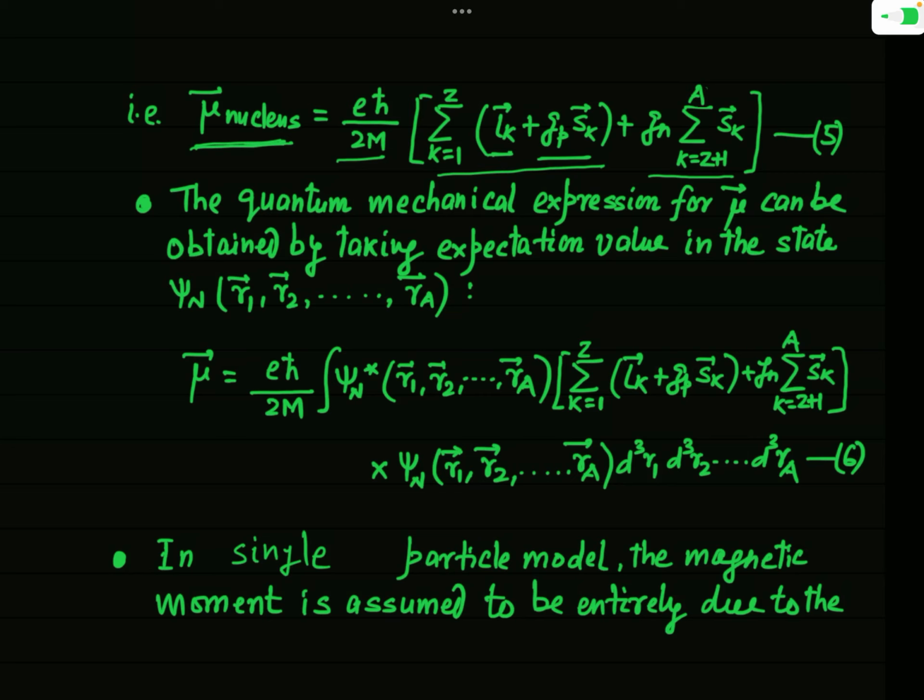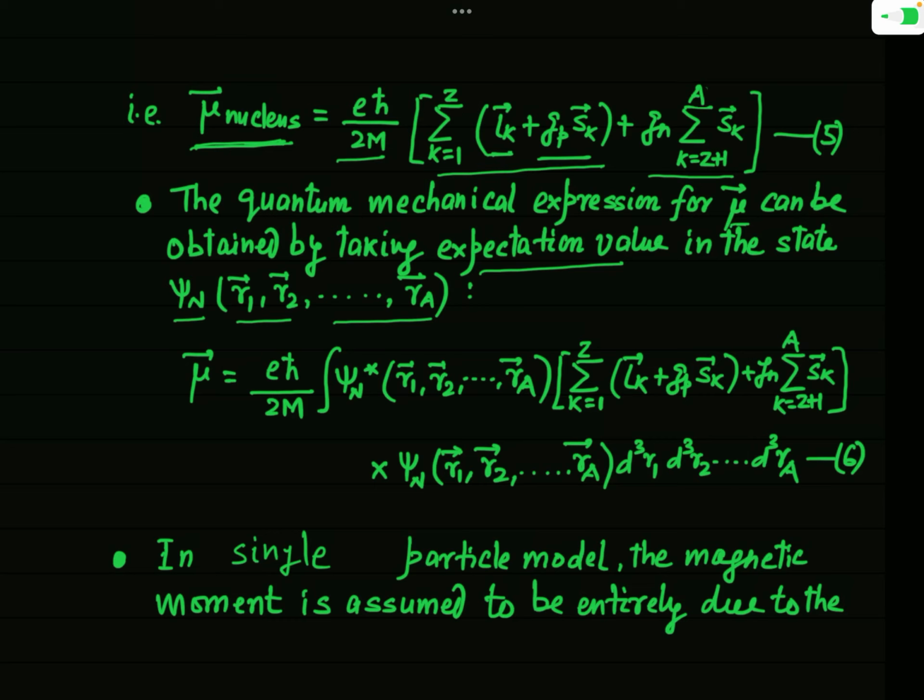But if you want to write the quantum mechanical expression for the magnetic moment mu, how can we write that expression? Actually, the quantum mechanical expression for magnetic moment mu can be obtained simply by taking the expectation value in the state of the nucleons defined by psi n of r1, r2, and so on up to rA.